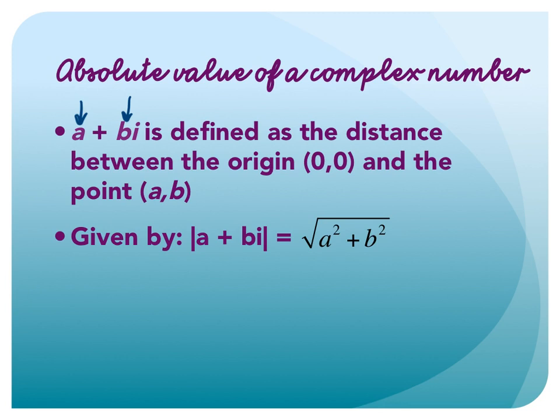This should sound familiar because that's also the magnitude of a vector from the origin to the end point, or the terminal point, of that vector. So we find it by doing the magnitude, or the square root of a squared plus b squared. So absolute value is equal to the distance is equal to the magnitude.